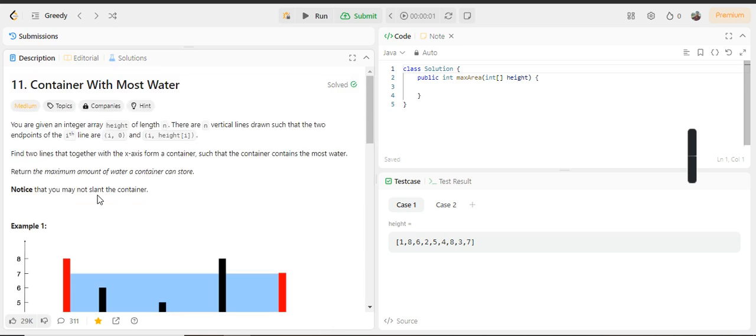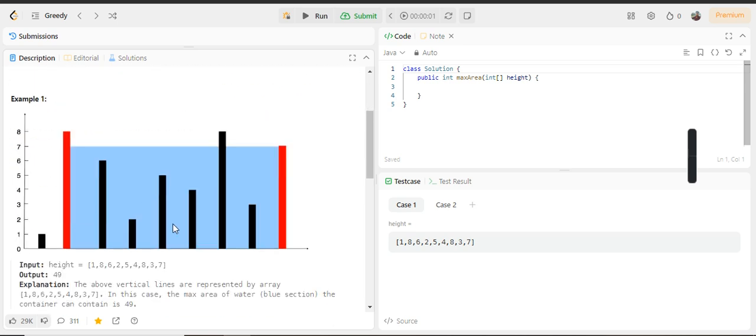In order to find the max area, we can solve this using two pointers. We keep one pointer at the beginning and the second pointer at the end. The second pointer is j and the first pointer is i. If we subtract j minus i, this gives us the length, and for the height we take the smaller of the two.